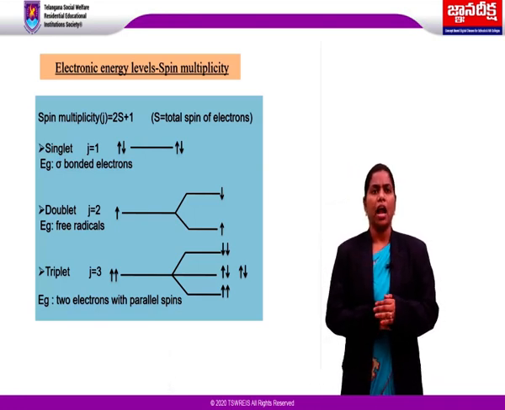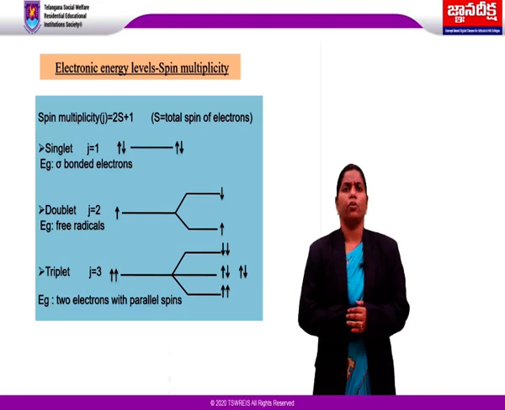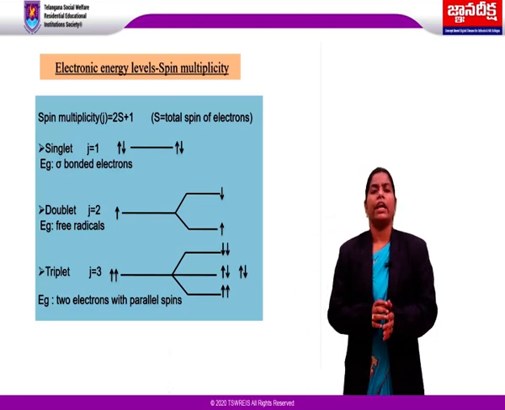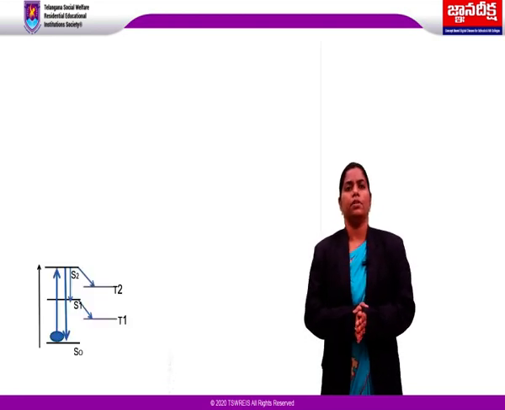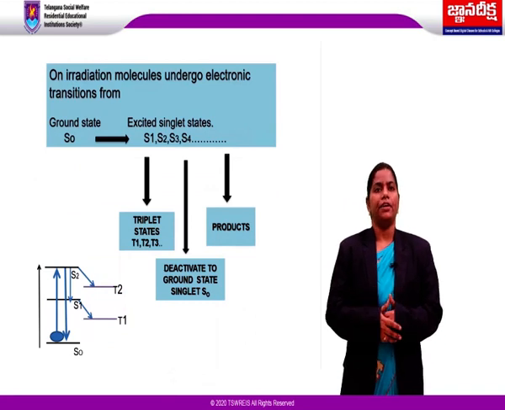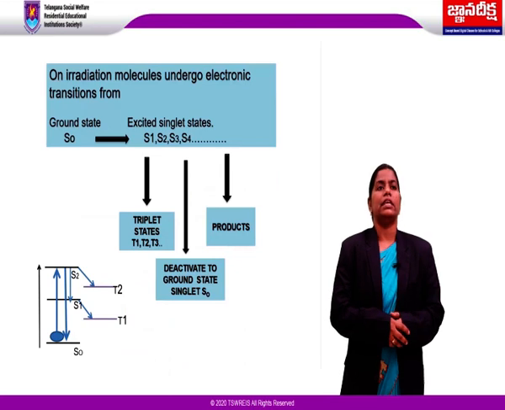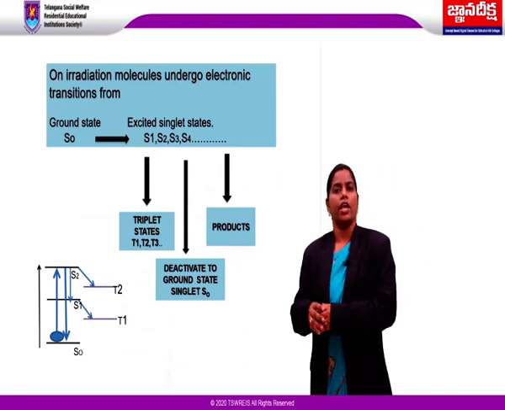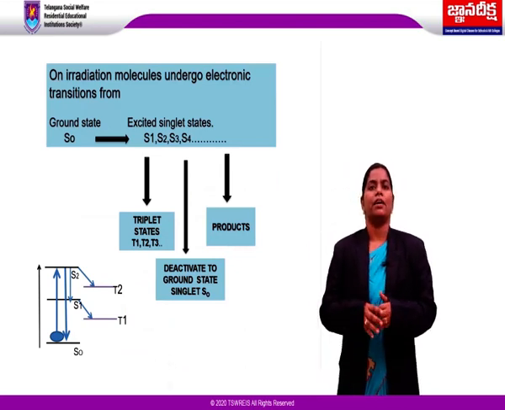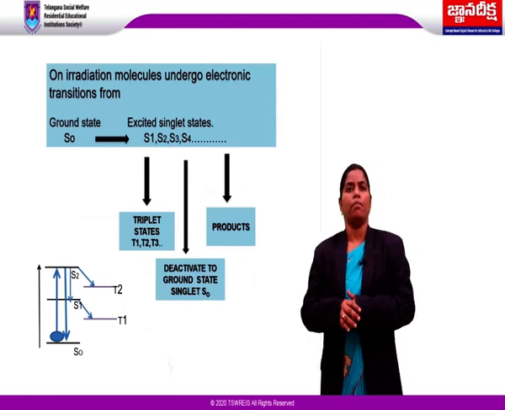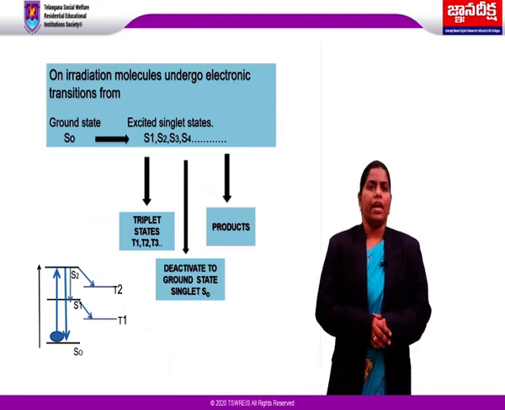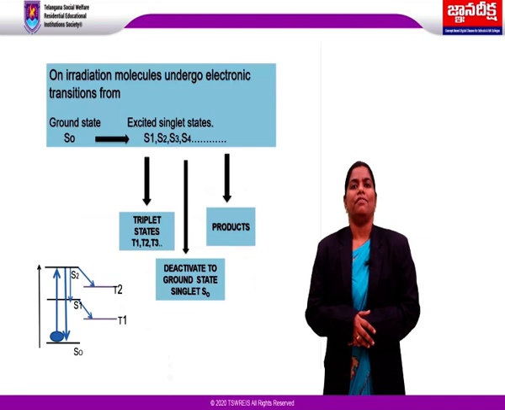So, until now, what we get to know is that on irradiation of the molecules, they get excited from the ground state S0 to higher singlet states like S1, S2 and so on, and become activated in the primary process. From there, there are 3 possible ways for those activated molecules.